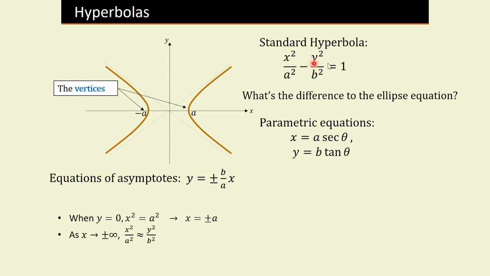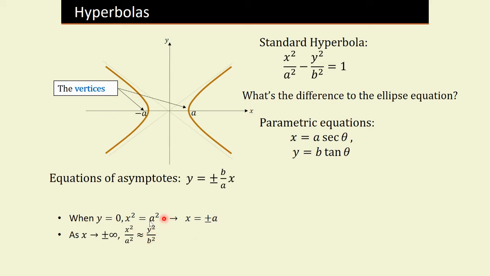And we can see that as x is getting bigger, it must mean that y is getting bigger as well. But because this 1 is getting less and less important, we can effectively say that y squared over b squared is approximately x squared over a squared. These two things are heading off to infinity, the 1 is less and less significant, so x squared over a squared is approximately y squared over b squared.